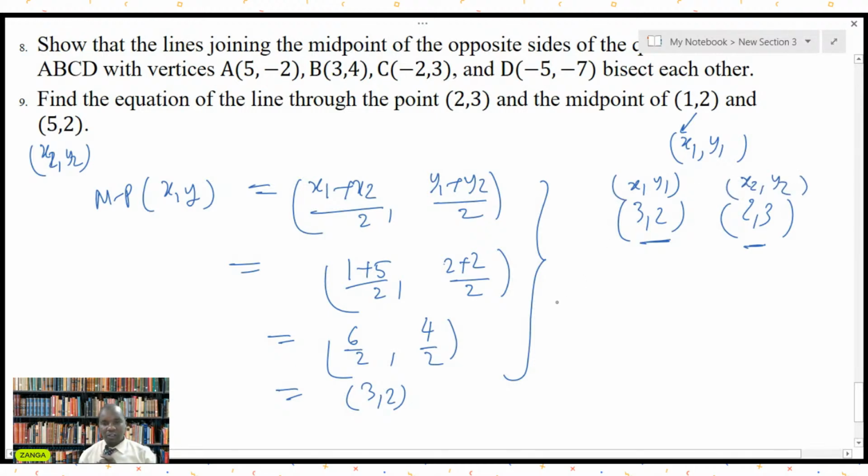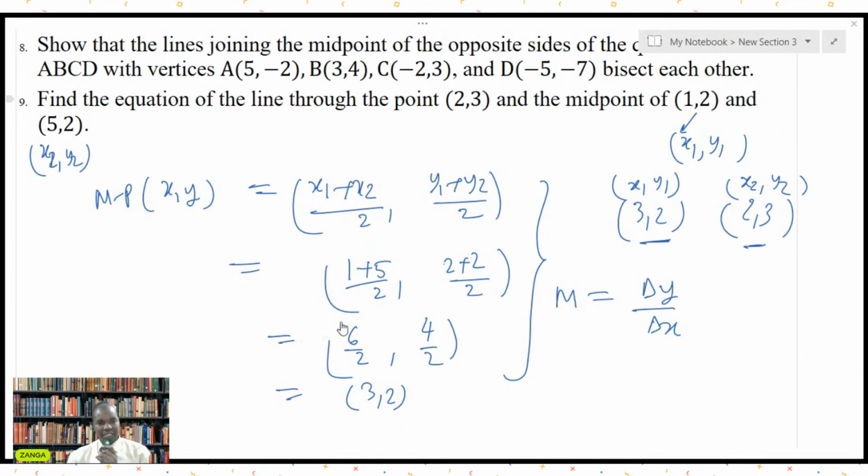So you start with the slope, and the slope will be taking change in y over change in x. You find the slope, and then from the slope, we are going to use the point-slope equation to find the equation of the straight line.